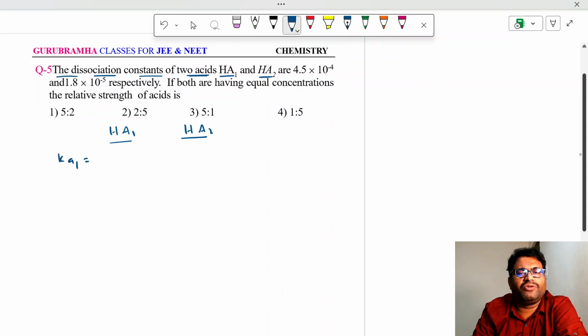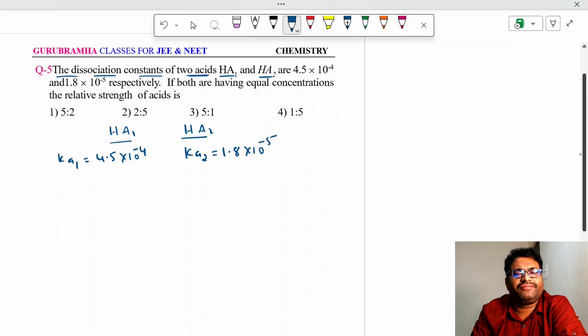Ka1 is equal to 4.5 into 10 power minus 4. Ka2 is given for this. What is that? 1.8 into 10 power minus 5. If both are having equal concentrations, here the concentration of HA1 acid is equal to C. This is also C. Then what are the relative strengths?